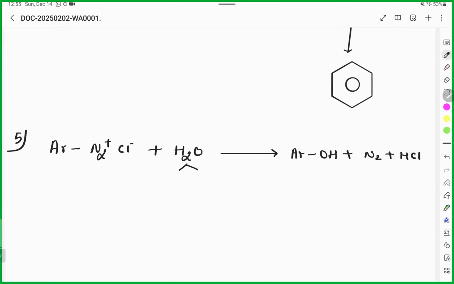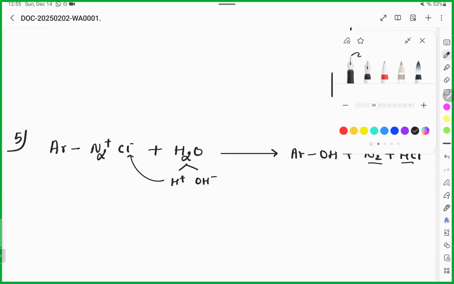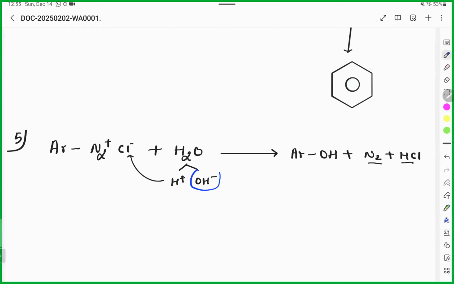Because it will break down into H positive, OH negative ion. This H will go with the Cl and form HCl. Nitrogen is always stable. What is the remaining? Remaining was OH. Understood? That's why product was phenol.